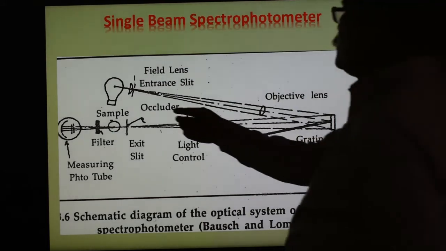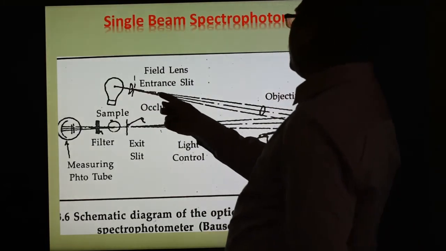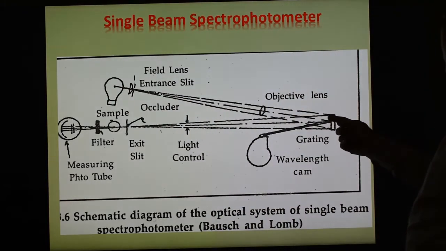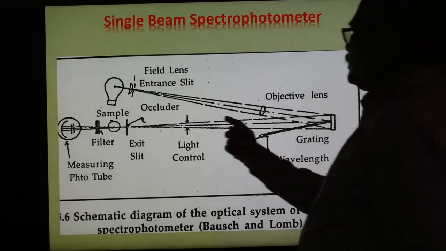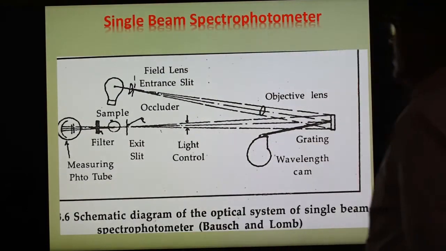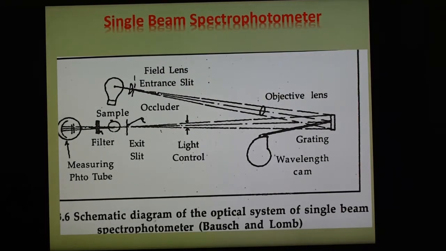Here is the source of light, then the entrance slit, and here is a grating which reflects, and here is an imaging phototube or photomultiplier tube which can detect the intensity of light. Generally the exam question asks to draw the diagram for a single beam spectrophotometer or double beam spectrophotometer.